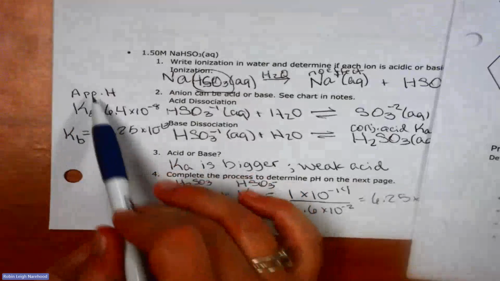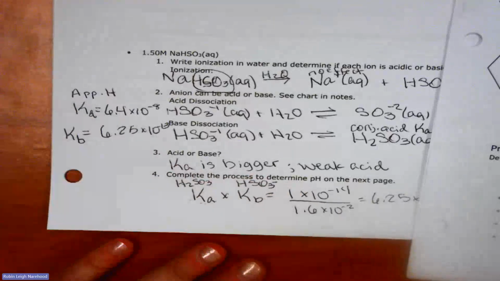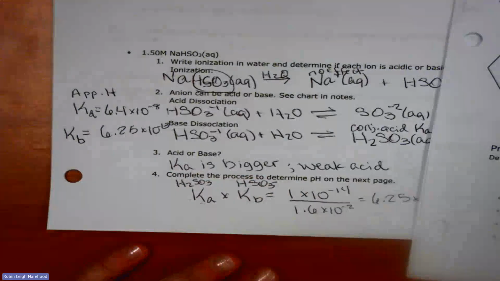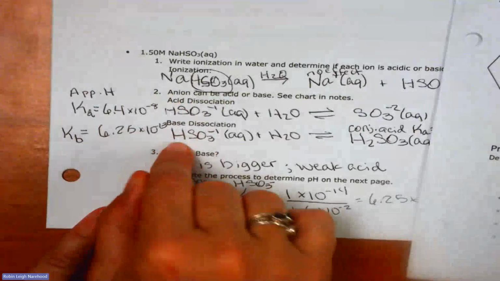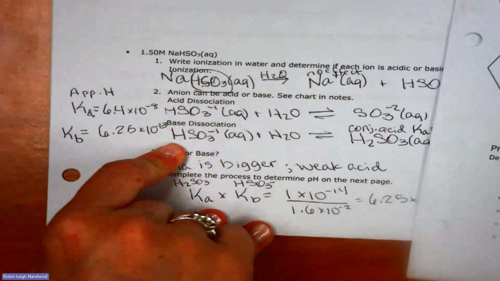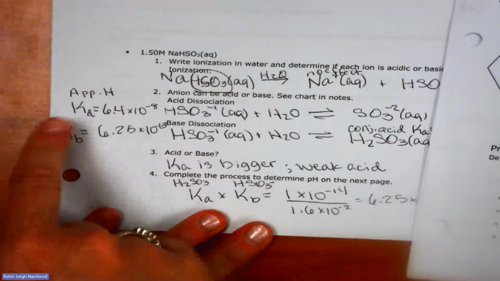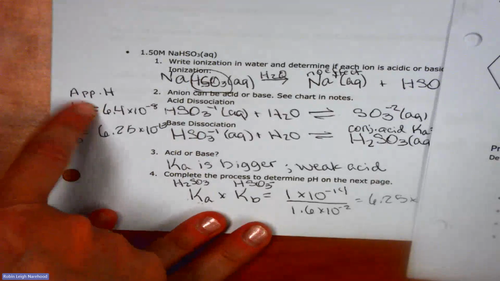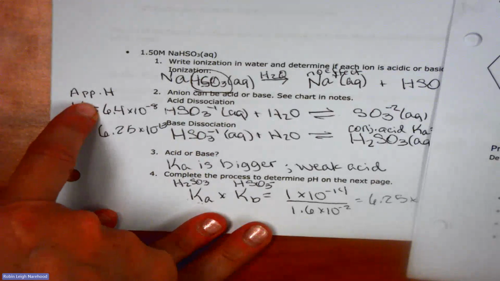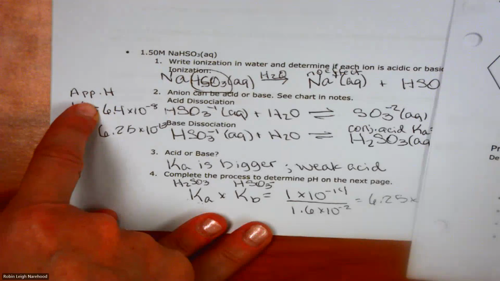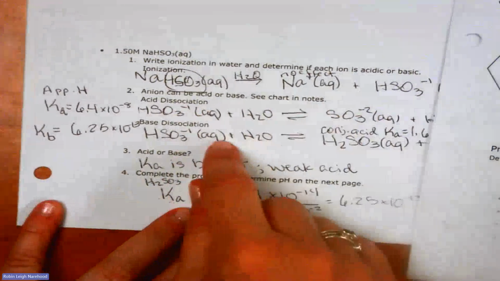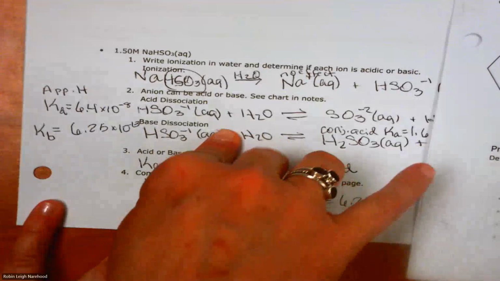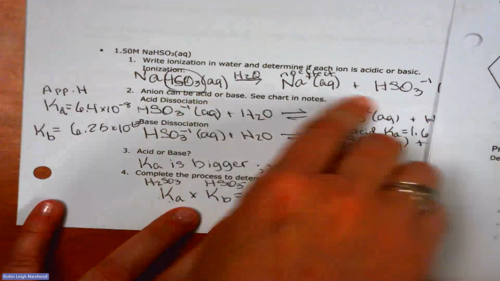Again, the constant is a numerical way to represent how good it is at losing or gaining a hydrogen in water. It has a much bigger ability to lose a hydrogen. So this equilibrium in water is more stable for it than this one, so this is the one that we are going to use.